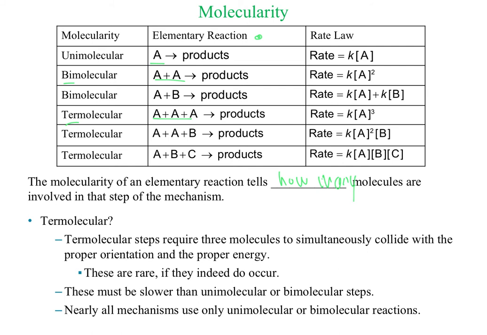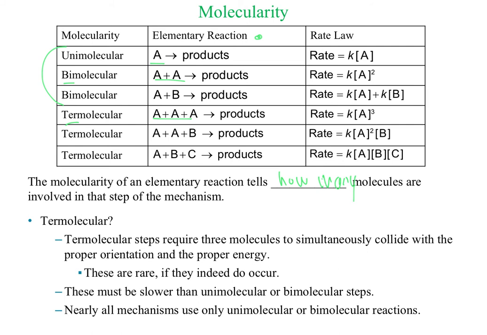Trimolecular, though, means that 3 molecules all have to collide in exactly the right orientation with the right amount of energy to go over the activation energy bump. So those are very unlikely. They rarely occur, and most reactions are going to be made up of unimolecular and bimolecular steps.